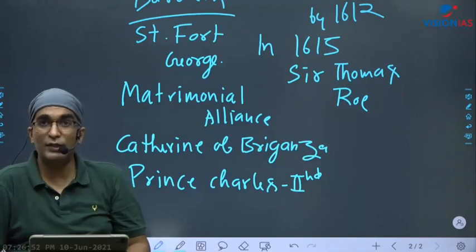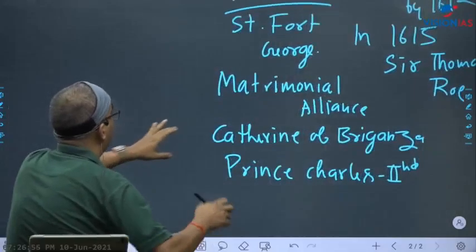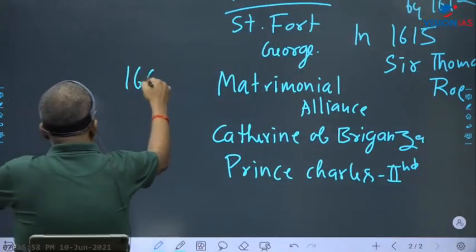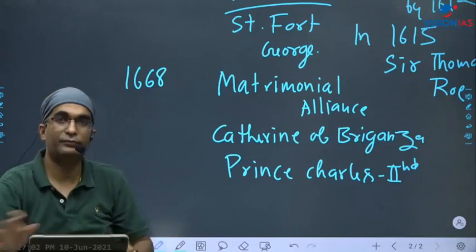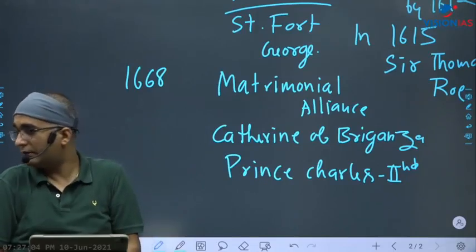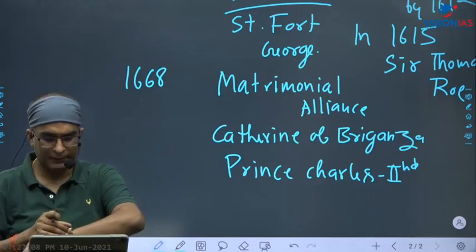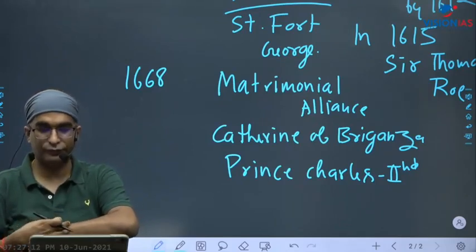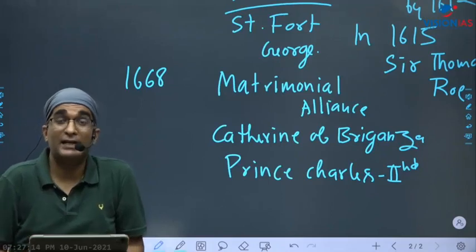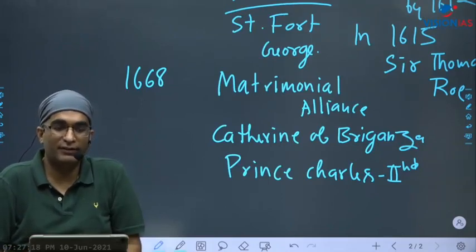In 1668, Bombay was transferred to the English East India Company at a nominal price of £10.